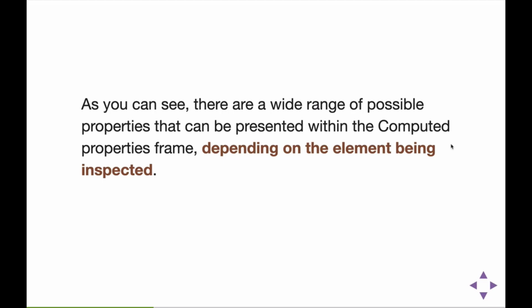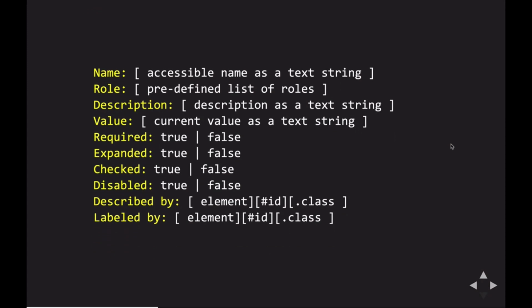Now, this accessibility tab in Chrome gives us a wide range of properties that can be presented within this computed properties frame, and that depends on the element being inspected. But that can include things like the element's accessible name, its role, its description, the current value, whether the element is required, whether it is currently expanded, whether it is currently checked, whether it's currently disabled.